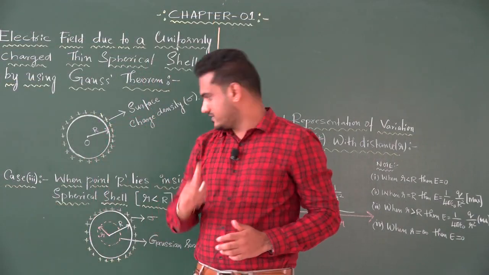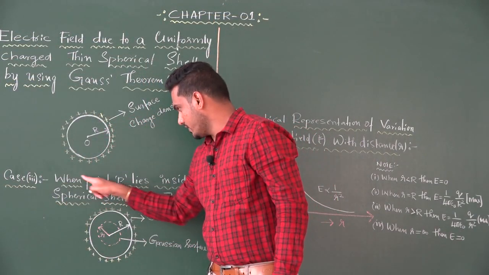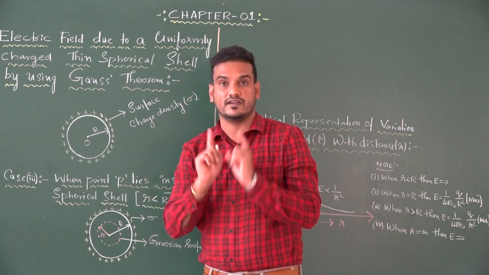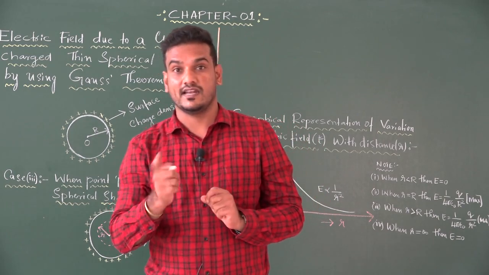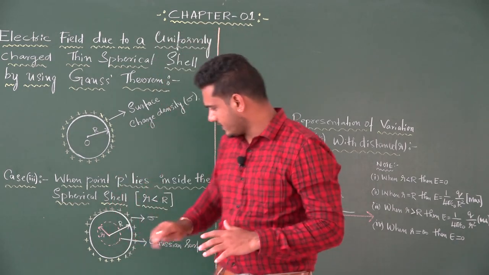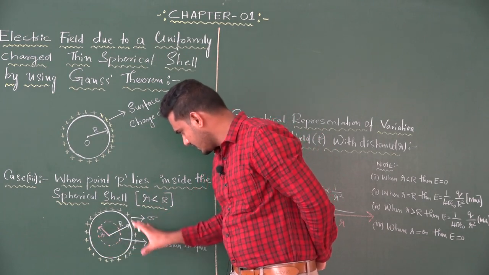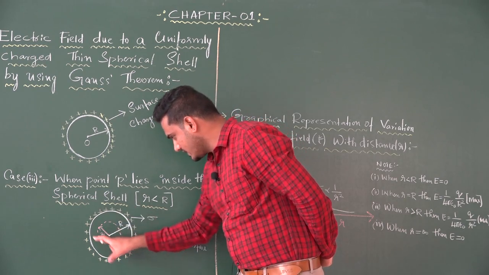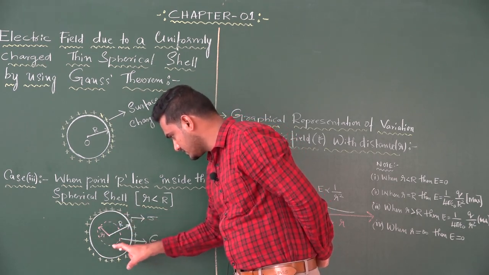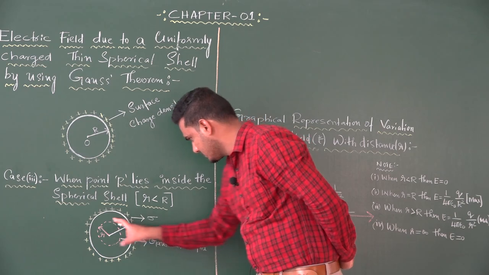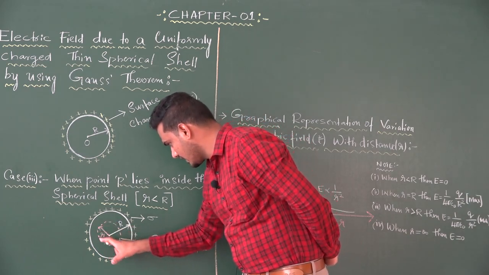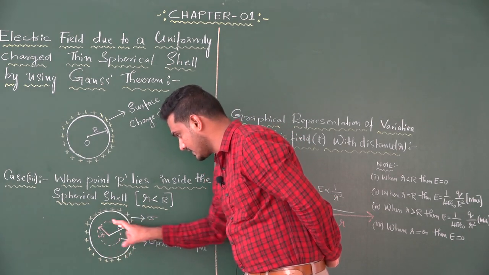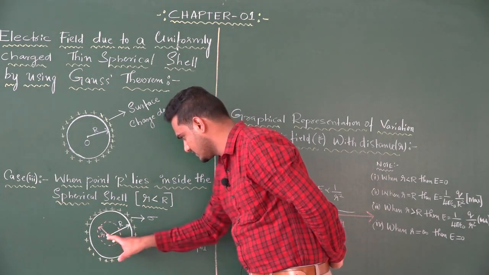Now case number 3. In this case point P lies inside the spherical conductor, which means we are finding the electric field inside the spherical conductor. Look at the diagram. I consider a spherical conductor having surface charge density sigma. Inside the spherical conductor I consider a spherical Gaussian surface indicated by a dotted line. The radius of the spherical conductor is capital letter R and the radius of the spherical Gaussian surface is small letter r.